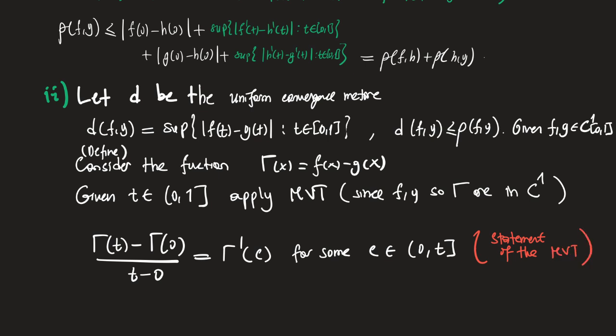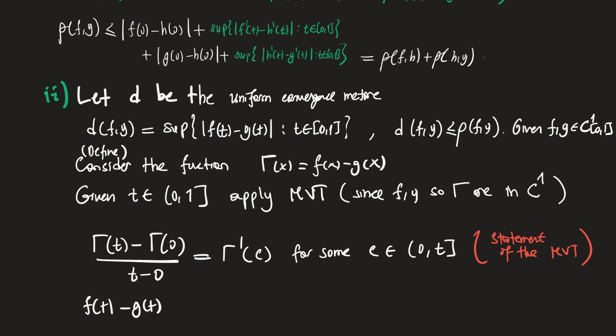Now let us expand this gamma. So we have f(t) minus g(t). By the way, this t is arbitrary. That's why if I end up with a proper solution, it holds for each t in this interval. So we have just proven the theorem.